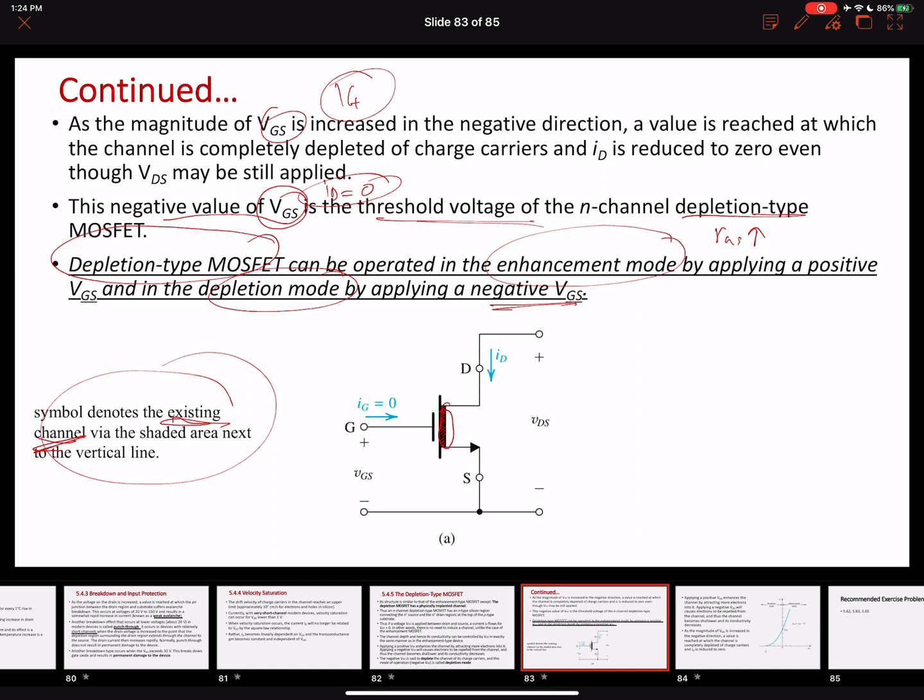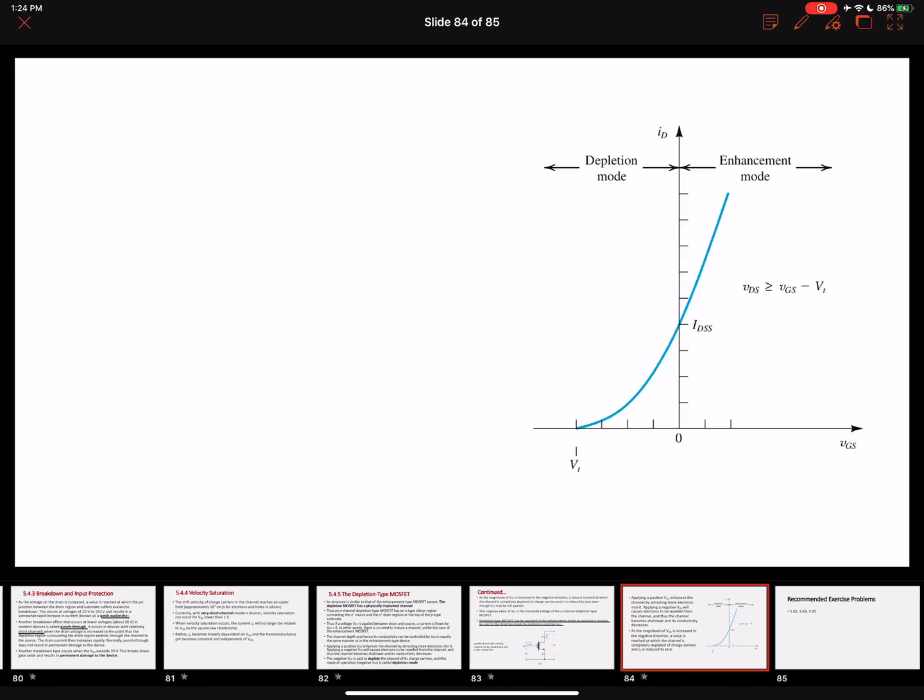Okay, so let's look at the IV characteristics here. This is ID, this is VGS. Even when the VGS is 0, we see that for a positive drain to source voltage, we have a current that is already flowing through the channel, right? Now, as we increase the value of the VGS, the conductivity of the channel will increase, the drain current will increase, which is enhancement mode operation.